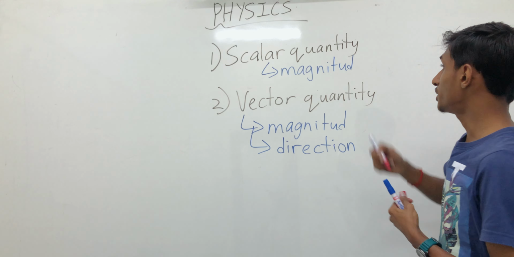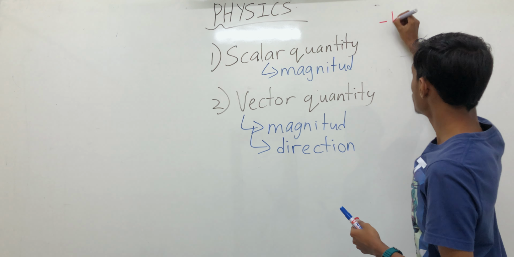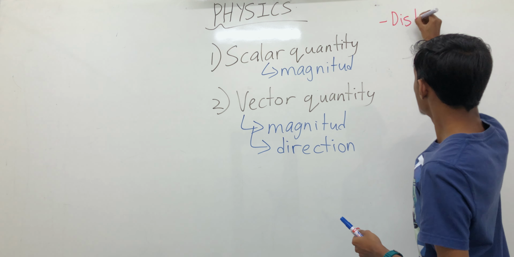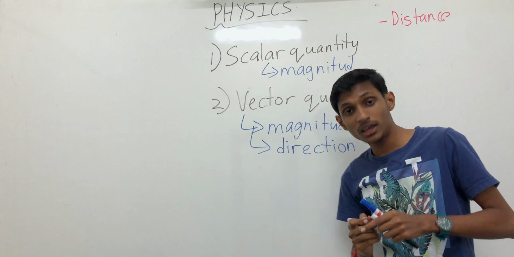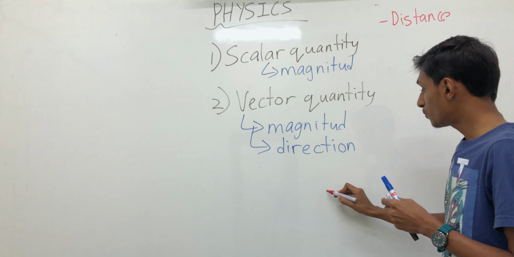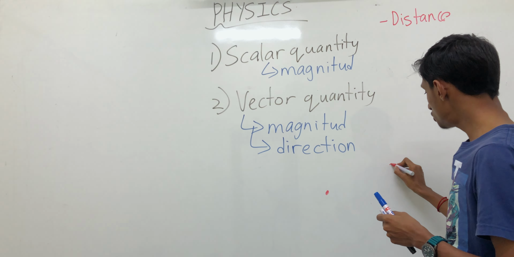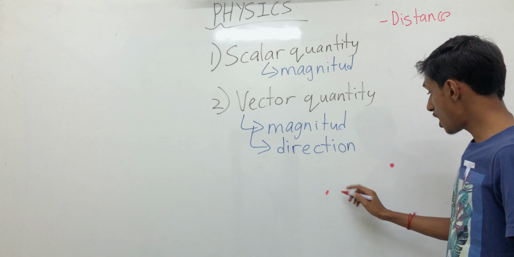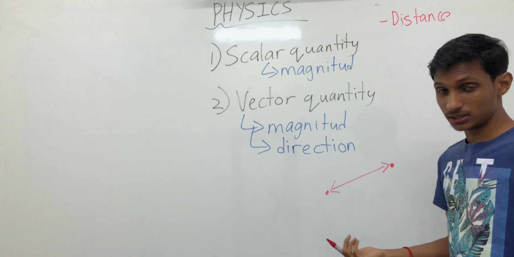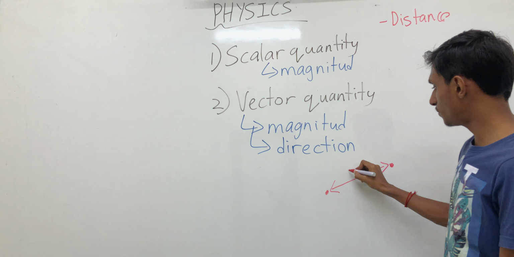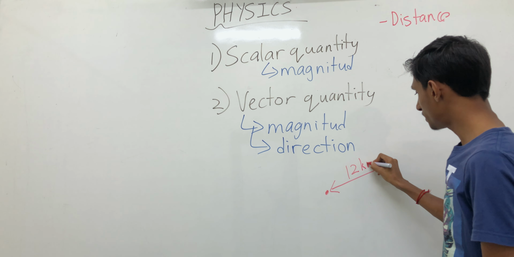For scalar quantity, let me give a few examples. Distance. Distance is a scalar quantity. Why? Let's say, for example, from your home you need to go to your school. What is the distance between these two places? Let's say it's 12 kilometers.